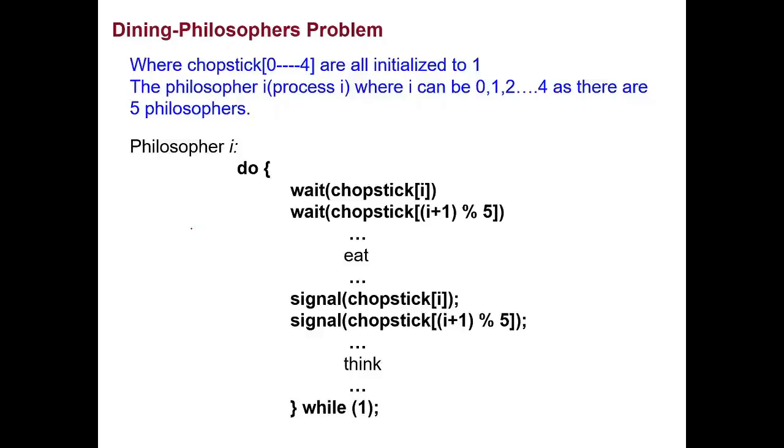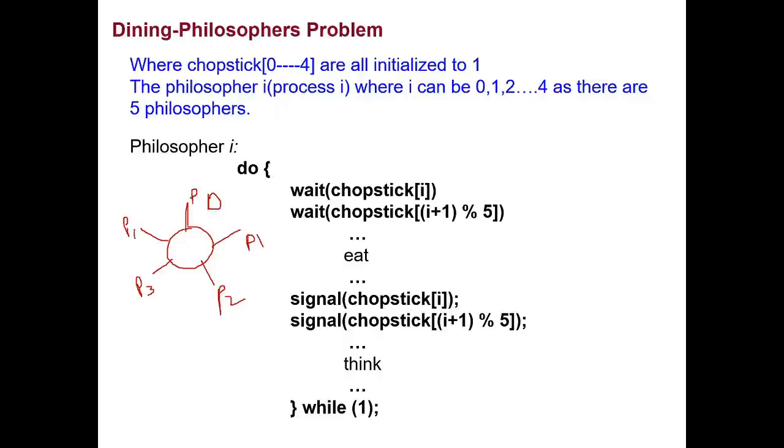So these chopsticks and philosophers are arranged in this way. Now there are 5 philosophers. Let us take this as P0, P1, P2, P3 and P4.